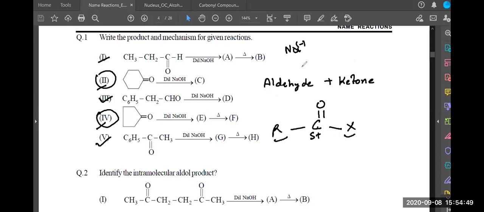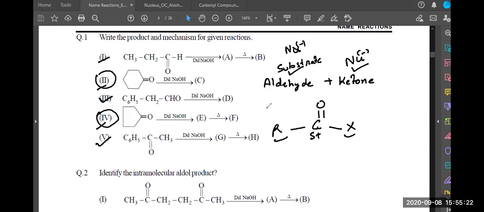As compared to aldehyde, obviously, when we talk about rate, it is relative. So ketone will have a lower rate of reaction compared to aldehyde. That's why whenever we have aldehyde and ketone, ketone will always be the nucleophile and aldehyde will be the substrate. Right, everyone?